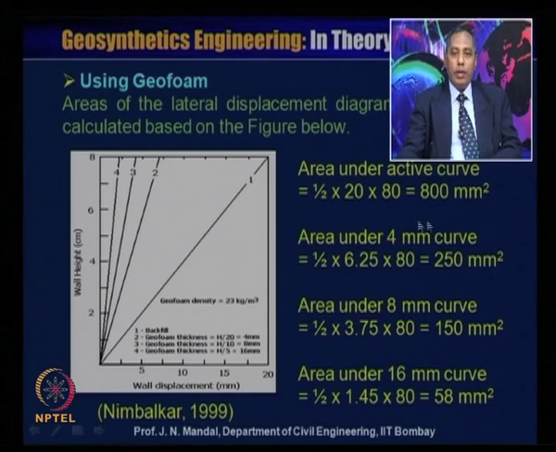When there is no geofoam, this is 800 millimeter square, and when you are providing 4 millimeter thickness of geofoam, then it is 250 millimeter square area. When it is 8 millimeter thickness of geofoam, the area is 150 millimeter square, and again when you are providing 16 millimeter thickness of geofoam, this area is coming 58 millimeter square.